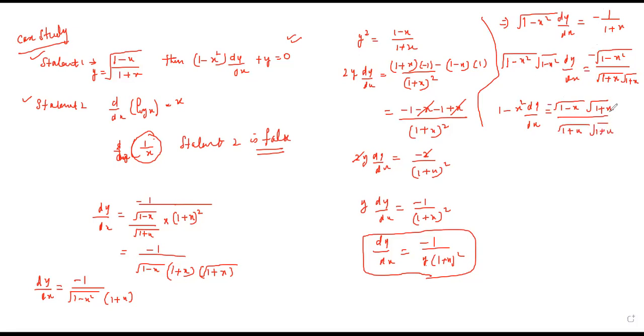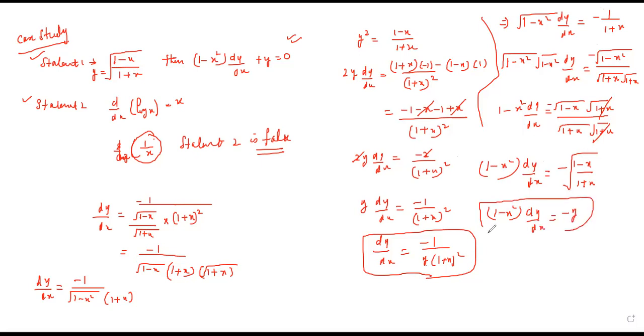The negative sign stays, so this cancels. So this is (1 minus x square) dy by dx is equal to minus under root (1 minus x) over under root (1 plus x), which is equal to y. So (1 minus x square) dy by dx is equal to minus y. So that means this statement is true.